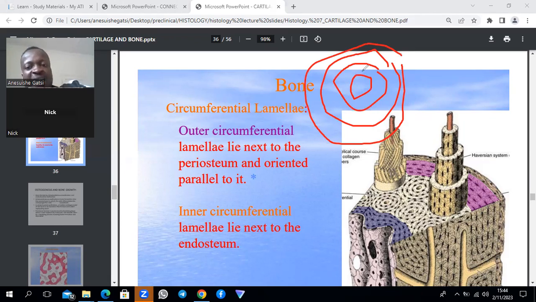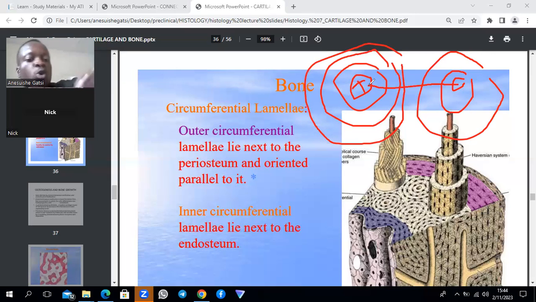But at the center there, where I'm putting an X, I call that a central canal. So I will have another lamella around here with its central canal. The central canals of these lamellae communicate.